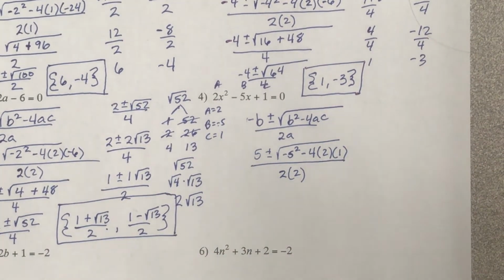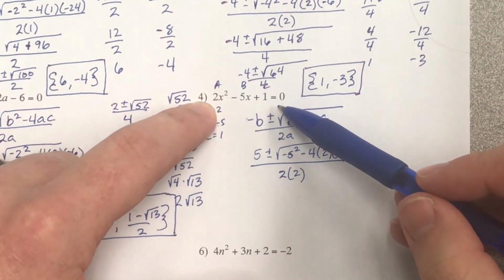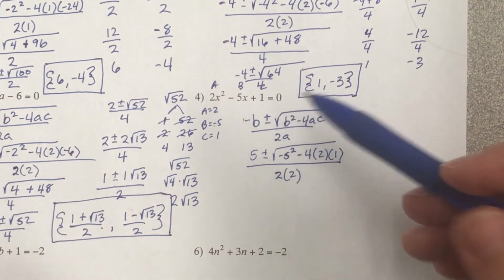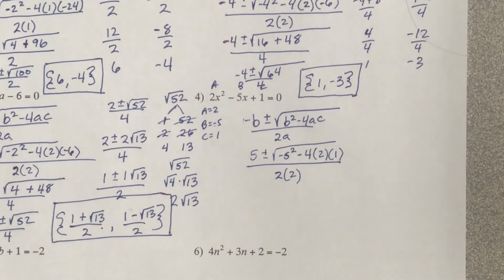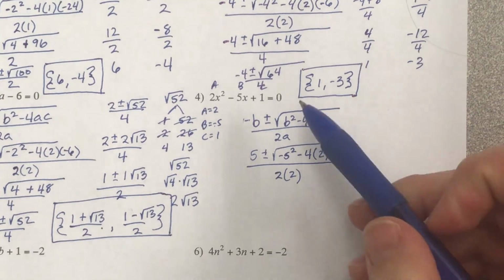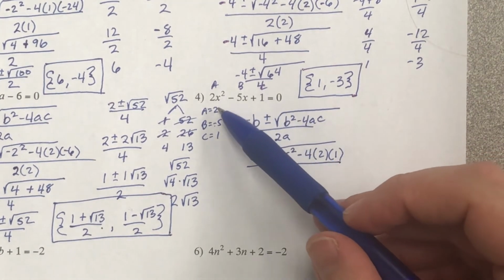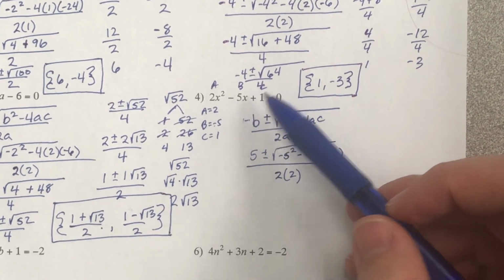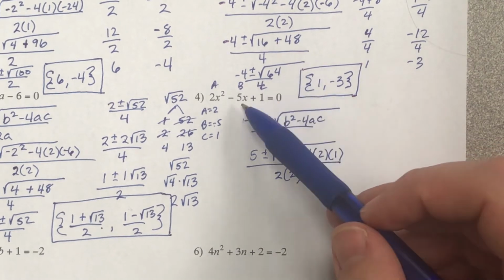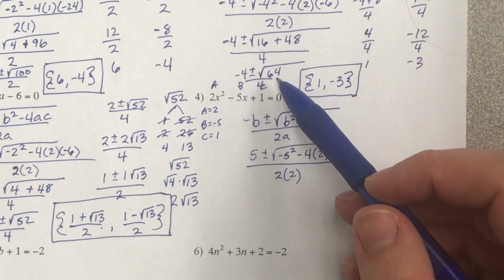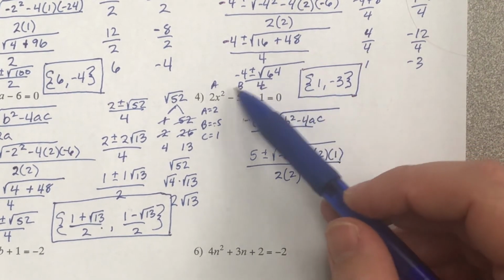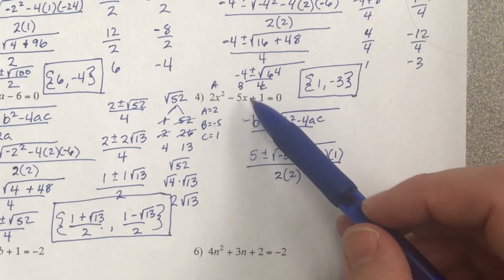Again, we're solving a quadratic equation. We could do this potentially by factoring. But even if you look at this right here, 2 times 1 is 2, and the only factors of 2 are 2 and 1, and they will not add to give you -5, so this is unfactorable.